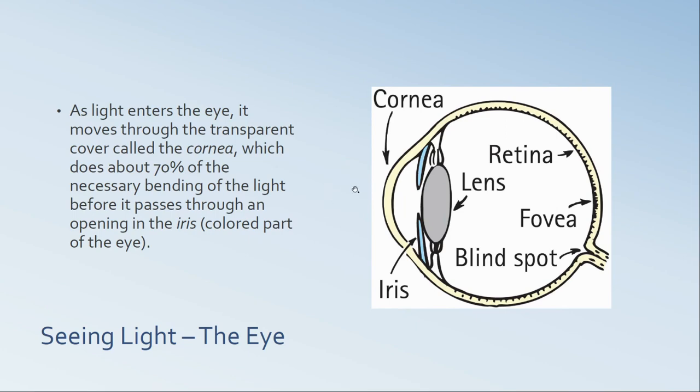So the cornea bends the light, refracts it, and then it passes through an opening in our iris, and the iris is the colored part of your eye. And depending on how much melanin you have in your iris, your eye might be brown, it might be black, it might be blue or green, or any shade in between those.